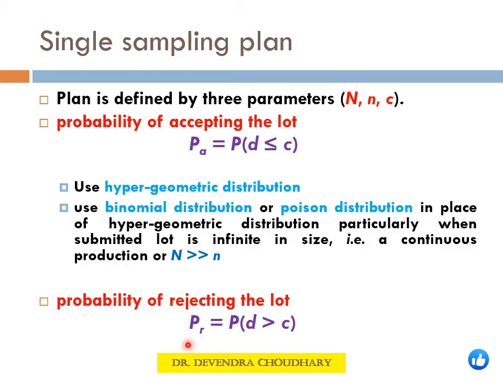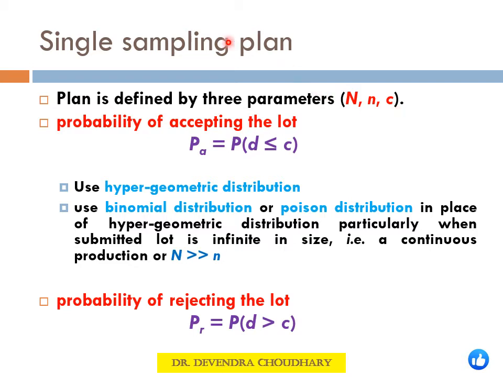Now the probability of rejecting the lot is 1 minus the probability of acceptance, or we can say when the number of defectives found in the sample is more than the acceptance number, then the entire lot is rejected. So using any suitable distribution, we can find the probability of acceptance or rejection for the given fraction defective by defining these three parameters.